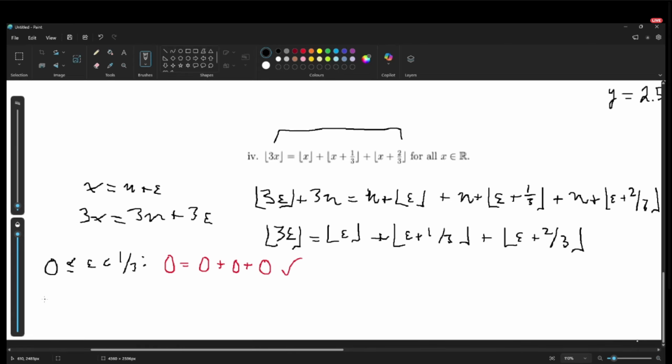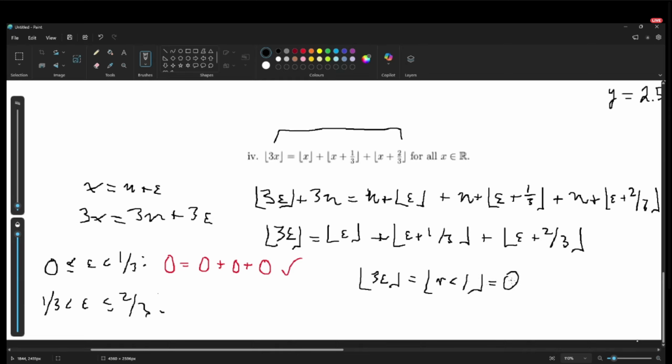Now what happens if it's in between 1/3 and 2/3? Well, we're going to get something like... Oh, I just evaluated what each of these is. So basically the floor of 3 epsilon, in this case right here, is going to be equal to the floor of some number r, which we know is less than 1.